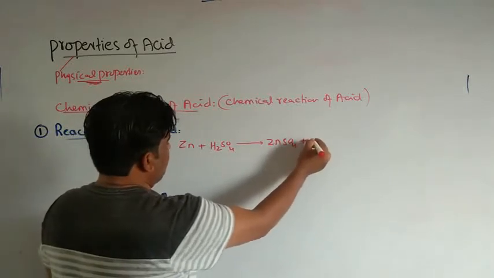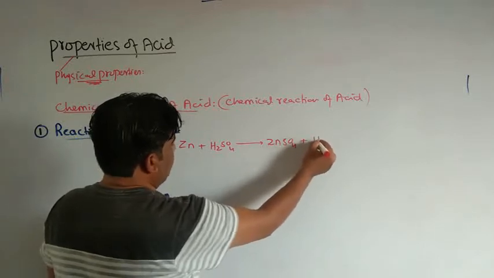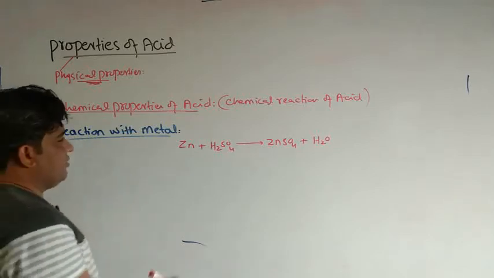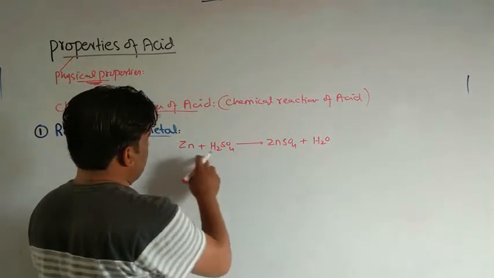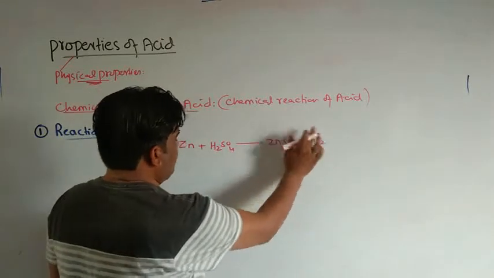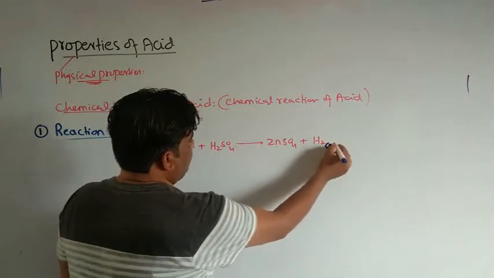sulfate plus H2. Whenever zinc reacts with sulfuric acid, they will produce zinc sulfate plus H2, and H2 is what?